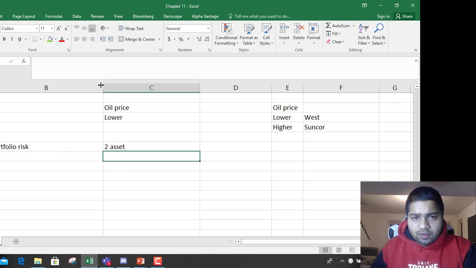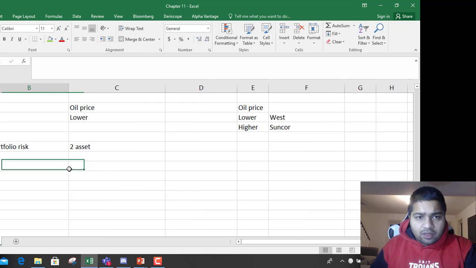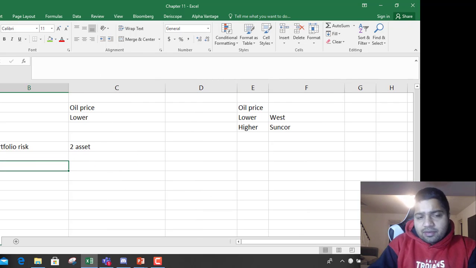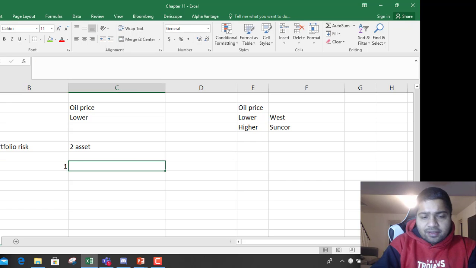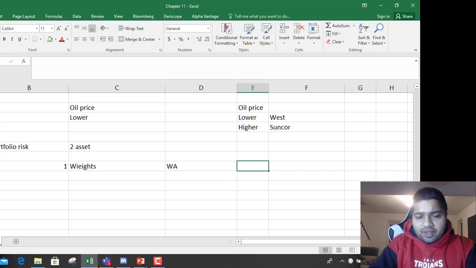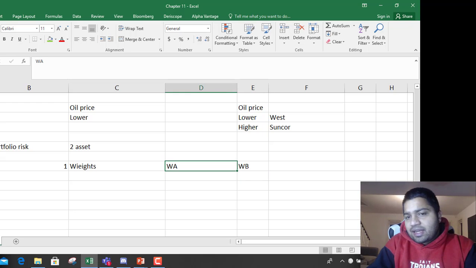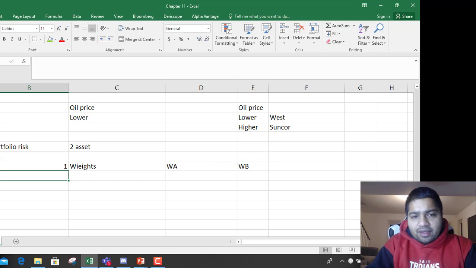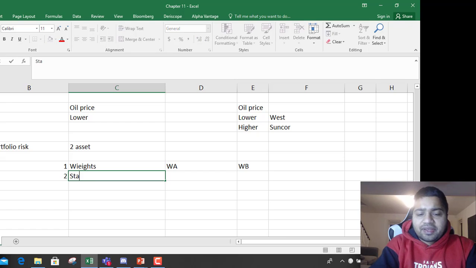Portfolio risk will depend on weights. So you have to find out the weight of asset A and weight of asset B, because you have two assets. It depends on standard deviation.